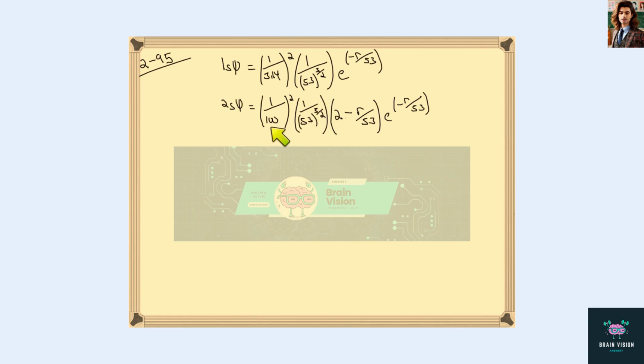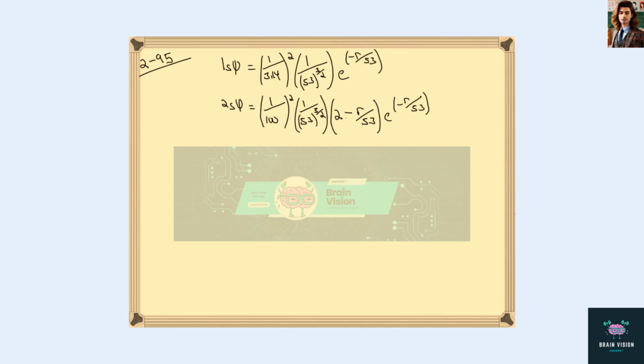And then down here, this was 1 over 32 times pi. 32 times pi is 100. And then this is 1 over a to the 3 halves. And then this is 2 minus r over a, or alpha naught, which is 53. And this is e, or exponent, to the negative r over alpha naught, which is 53.